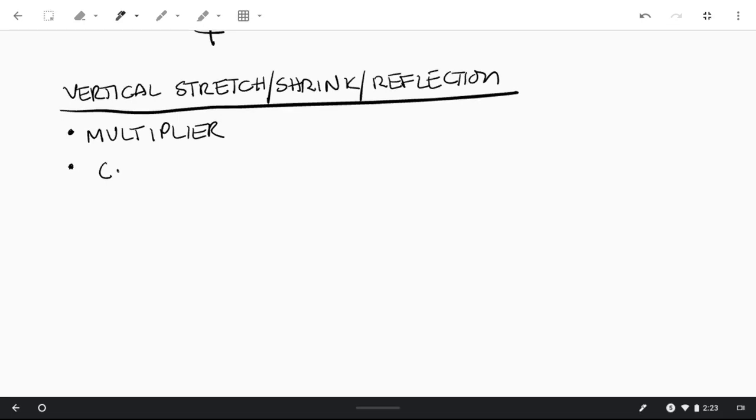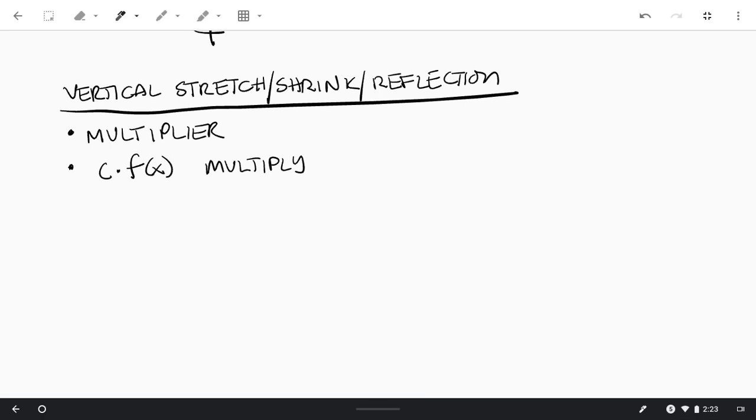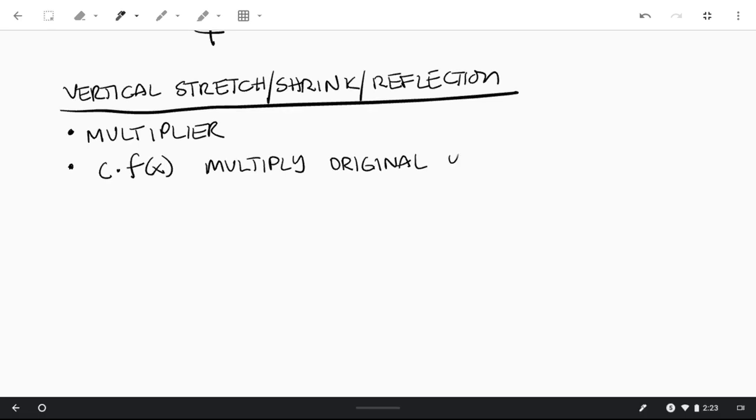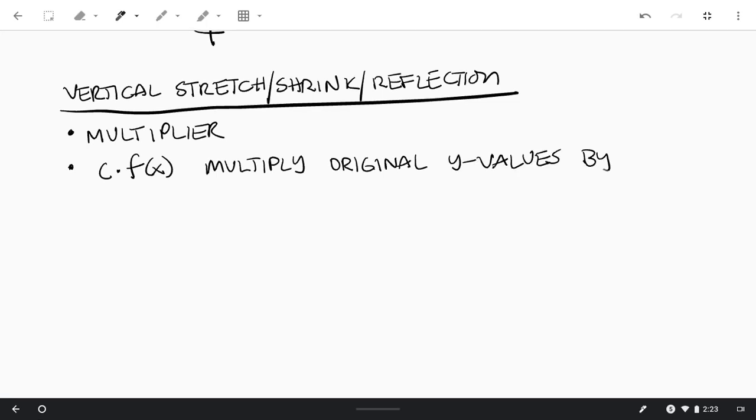Maybe your parent function is absolute value of x. If you did 3 times absolute value of x, then that would be this multiplier. And what you end up doing here, this is very important, is you multiply the original y values by this number c.